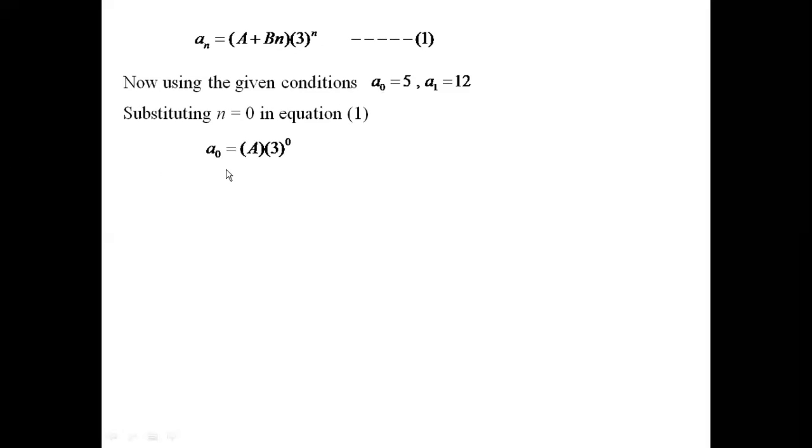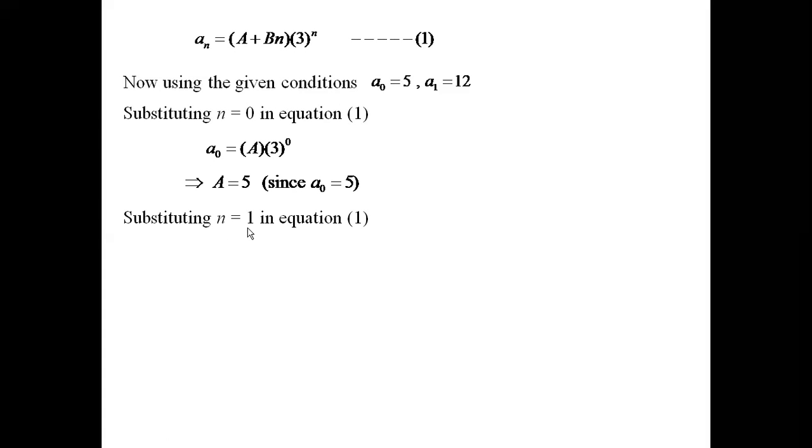We have a_0 equal to (A plus 0 into B) into 3 power 0. 0 into B gives us 0, and 3 power 0 is 1. So we get capital A equal to 5, because a_0 is the initial condition known from the data, which is 5.